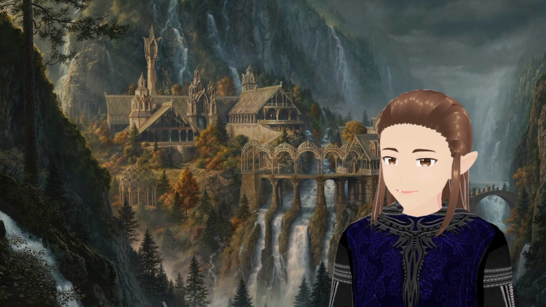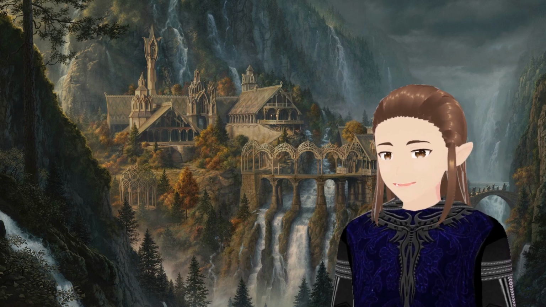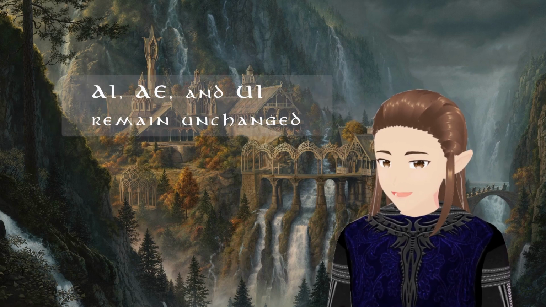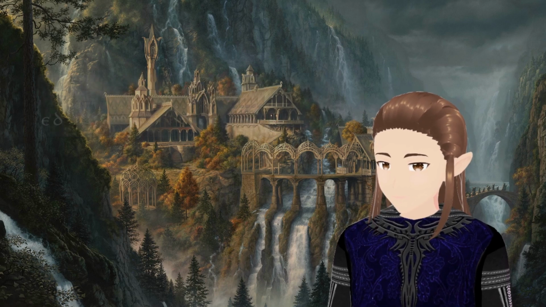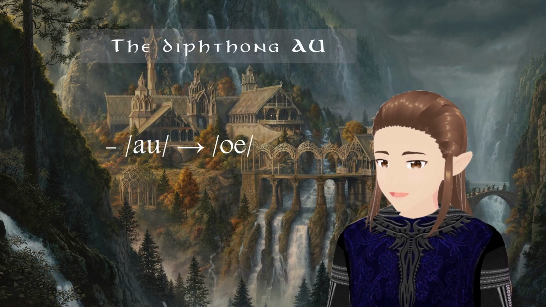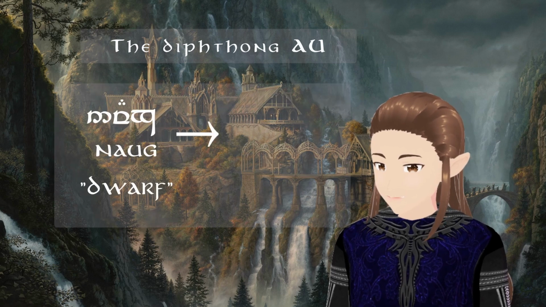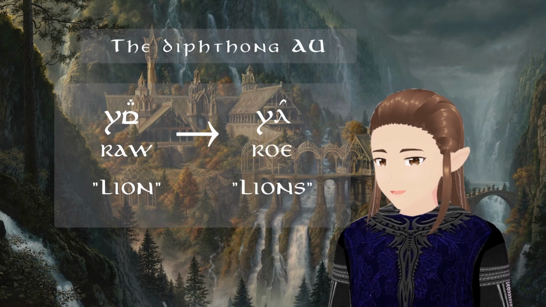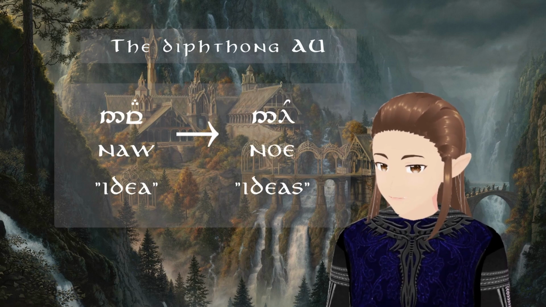Next, we move on from single vowels to combinations of vowels, otherwise known as diphthongs. The diphthongs ei and oi remain unchanged in the plural forms of words. The diphthong au is raised to oe. For example, nauk becomes noek, rau becomes roe, now becomes noe.